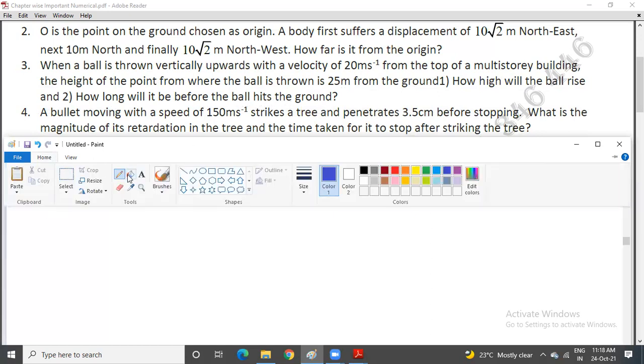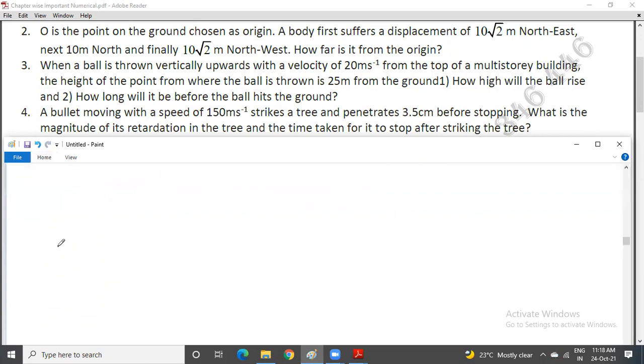So let us try to understand even this question with the help of a diagram. Say this is the building. Say this is the ground. Now they mentioned in the question the height of the point from where the ball is thrown is 25 meters. So this is going to be 25 meters.